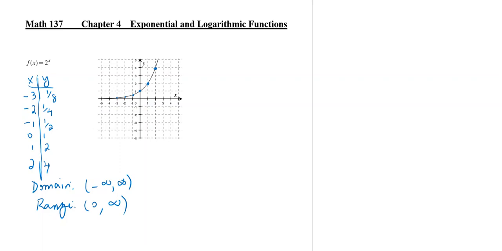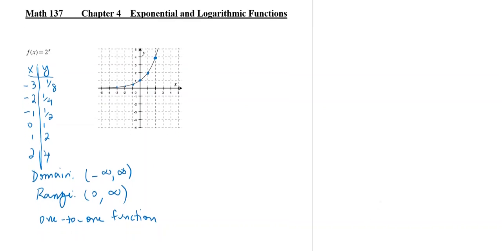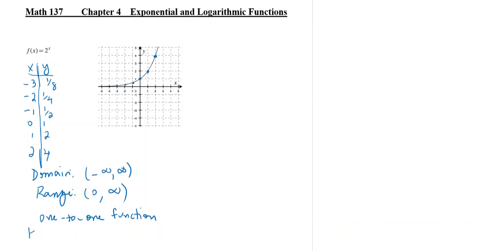Well, we can also see that this is a one-to-one function, because it passes the horizontal line test. There is no horizontal line that crosses this graph at more than one point. We also know that it does have a horizontal asymptote at y equals 0. The x-axis is a horizontal asymptote.